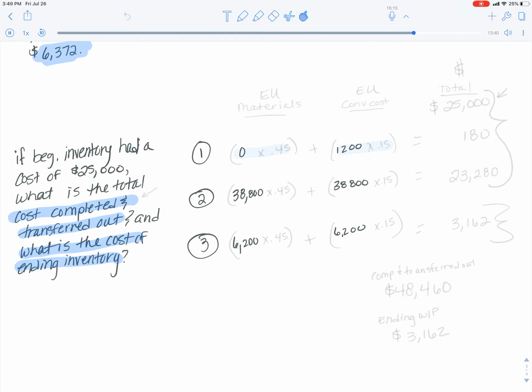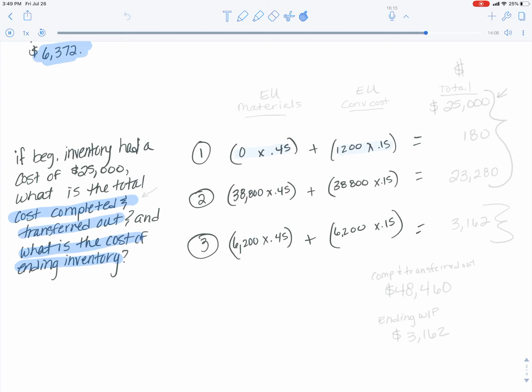And we're going to multiply those times that per unit cost. And we're going to add those together to equal up our total.